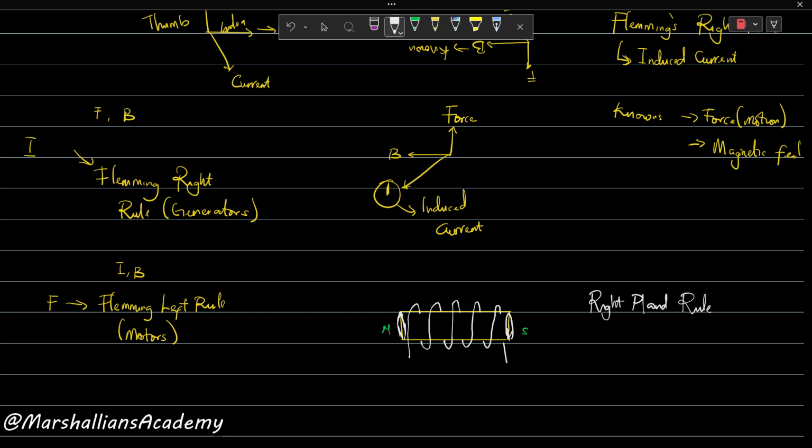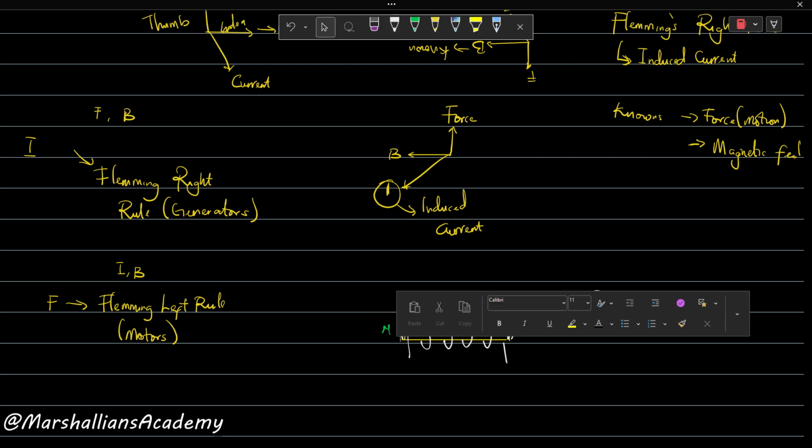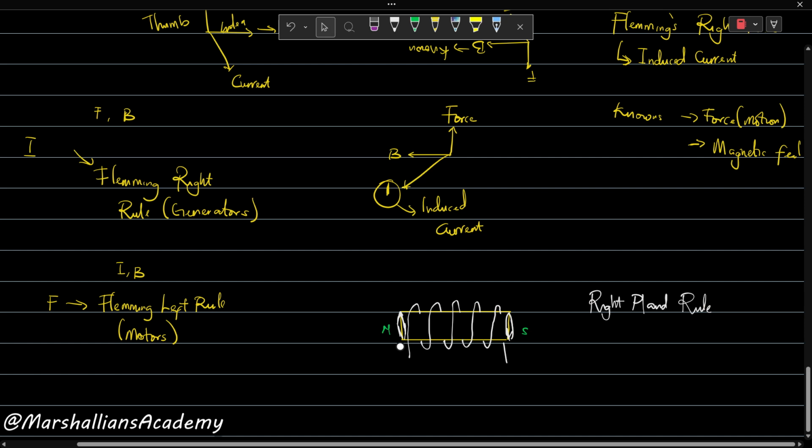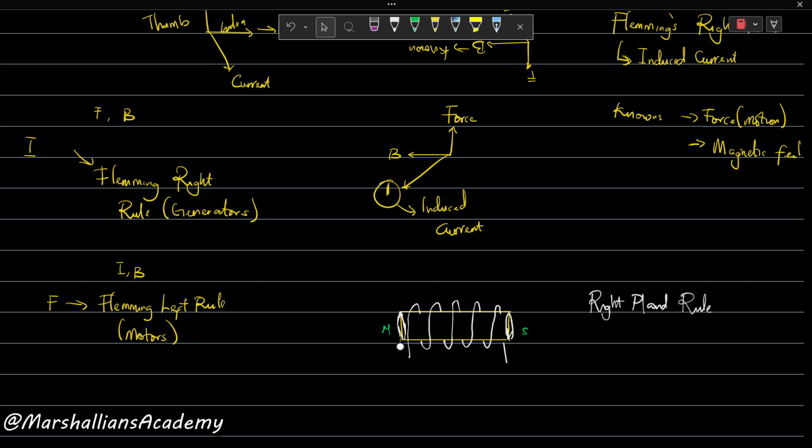For the polarity of the magnet to have the north where it is here, then if you look at your hand, current is flowing from the front of the coil to the back of the coil. Your fingertips show you the direction, the arrows. So it's flowing from the front to the back.